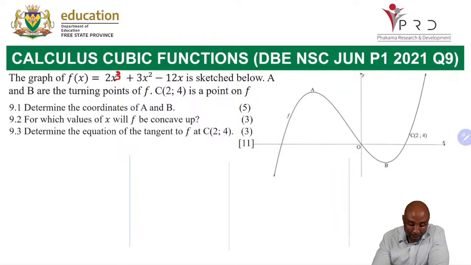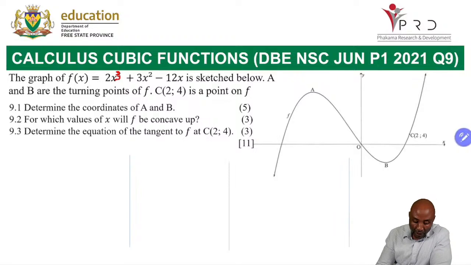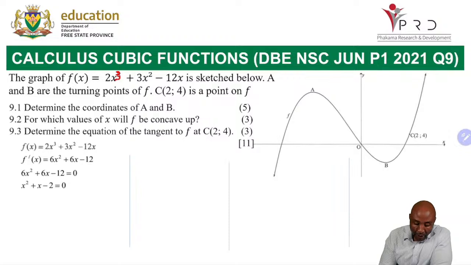And we are told A and B are the turning points of f. C, with coordinates 2 and 4, is a point on f. Determine the coordinates of A and B. Remember, A and B are our turning points. How do we get our turning points? We find the first derivative of f of x, and we get 6x squared plus 6x minus 12.